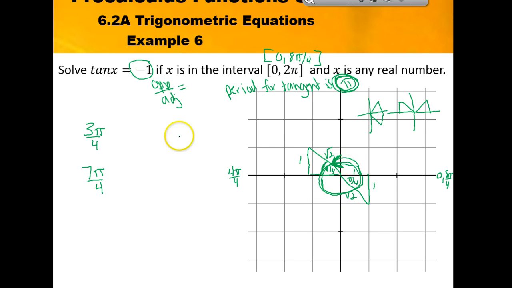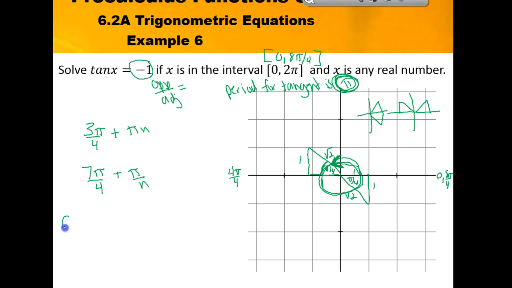Okay, so we're going to double check that. Let's just double check it. We're going to say plus pi n, and here we're going to say plus pi n, because this is the second one, right? So here we go. And we're going to answer the 0 to 2 pi part too.